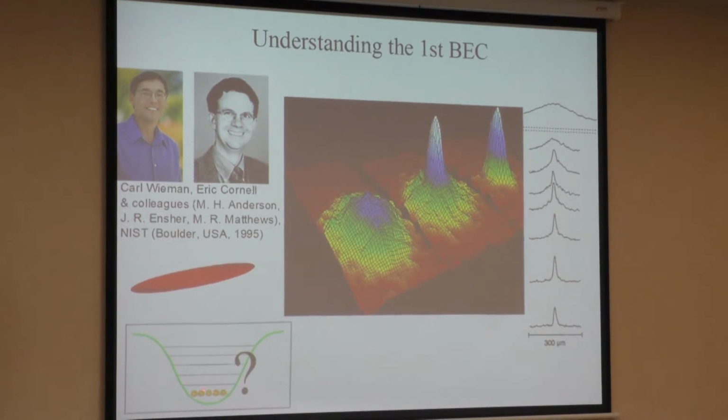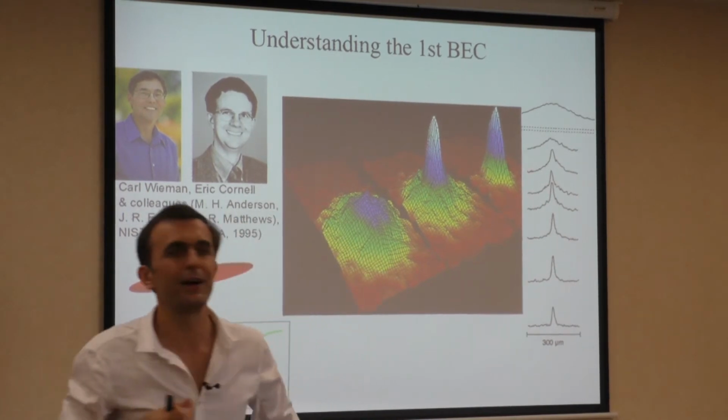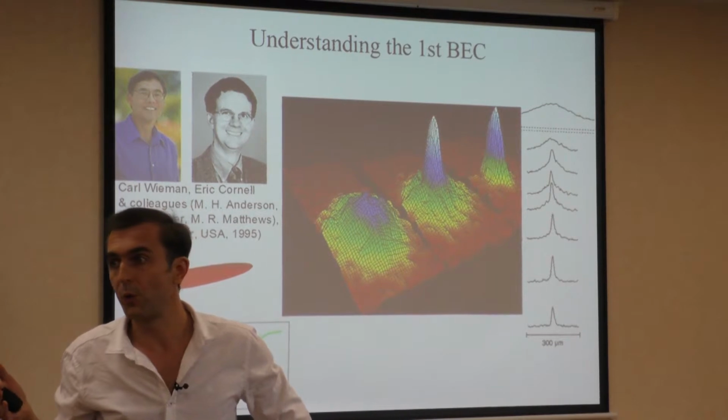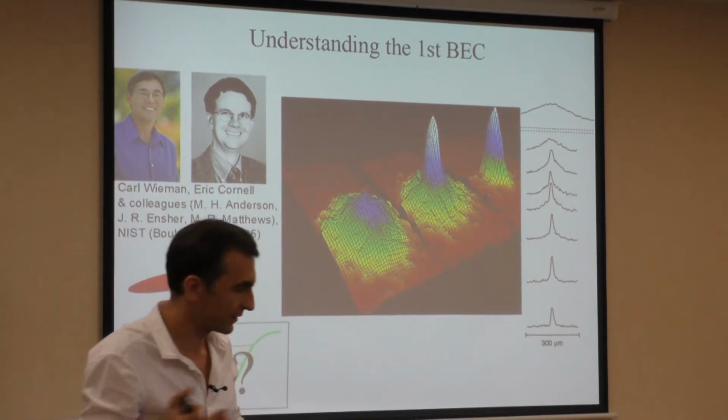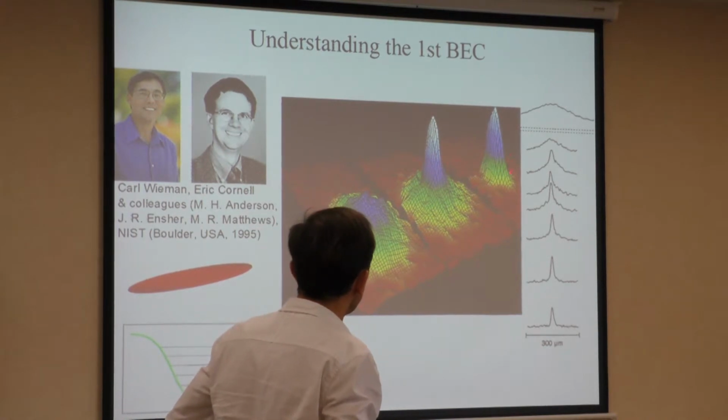Is it true that all bosons in this experiment in the Bose-Einstein condensate condensed in this lowest energy level? Now, with the knowledge of interactions in ultra-cold gases, let's first consider where those nice pictures came from.